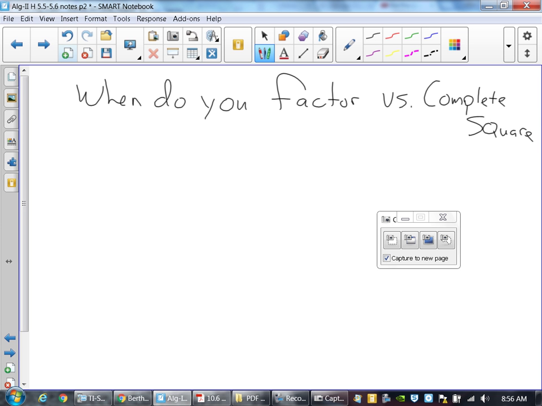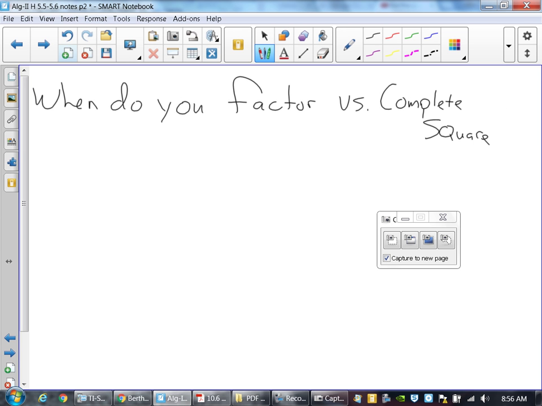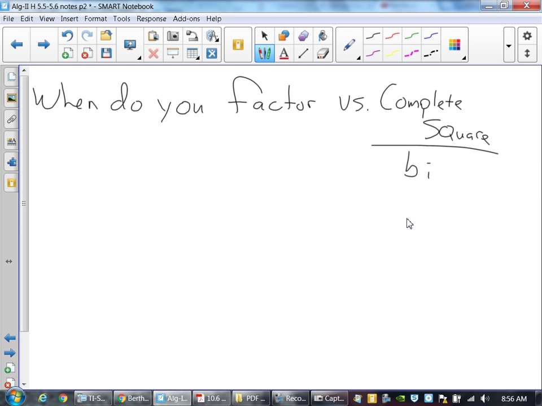You can always complete the square if you want, absolutely. My only concern about factor versus complete the square is that I would complete the square when b is even, because then you don't have fractions. That's my personal thought. If b is even, I'll complete the square.